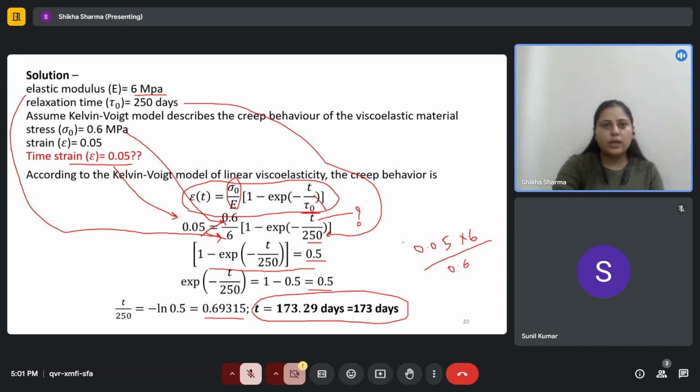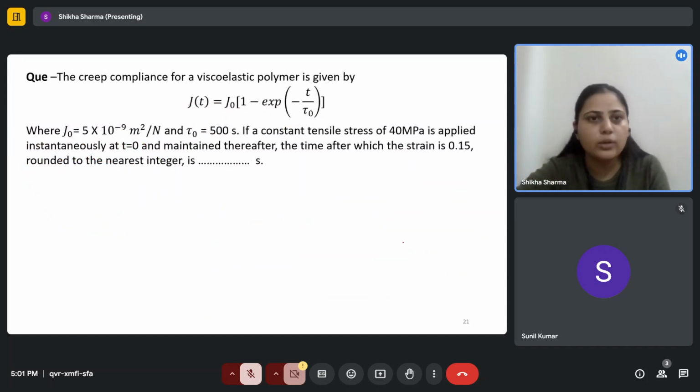We are moving to the next question, which is about creep compliance. The creep compliance of a viscoelastic polymer is given by this equation.